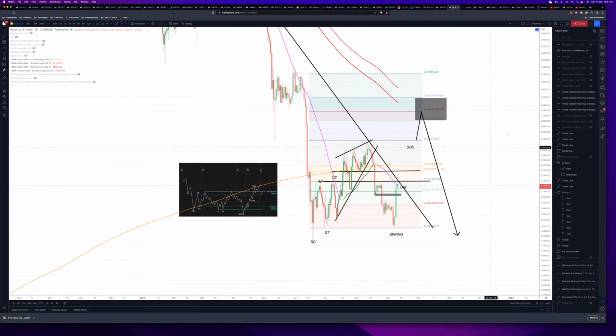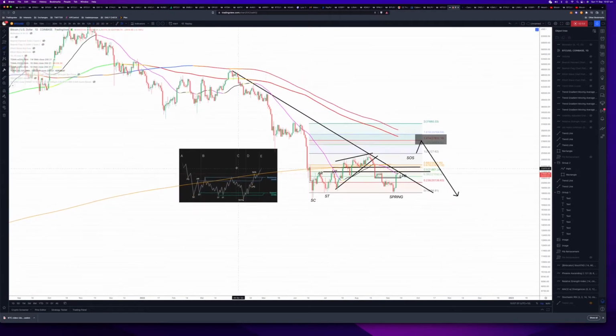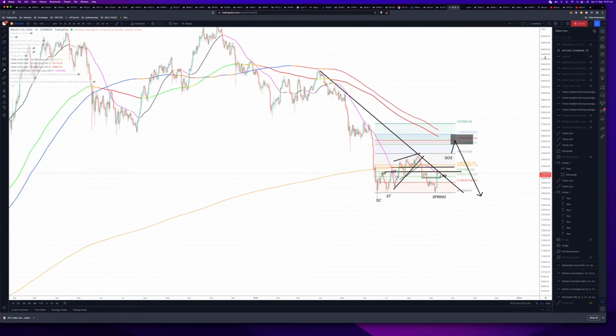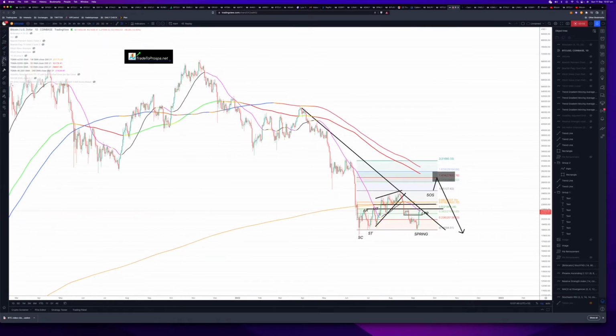But from a big picture perspective, here are my thoughts. If we look at this structure and I put the Elliott wave count on, that phase is done. We have our ABC correction, which is roughly there.